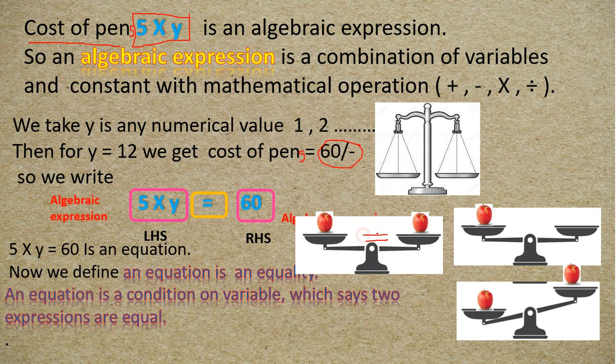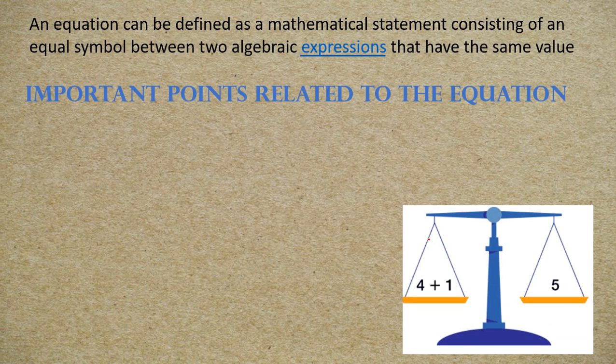This is the equal to sign, which shows the left plate and the right plate are at the same level. So left hand side is equal to right hand side. So we can say an equation can be defined as a mathematical statement consisting of an equal symbol between two algebraic expressions that have the same value.